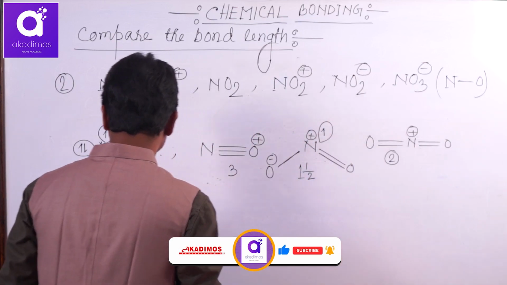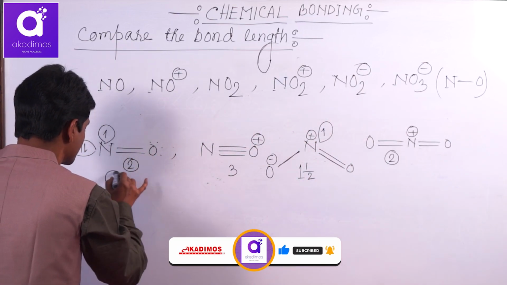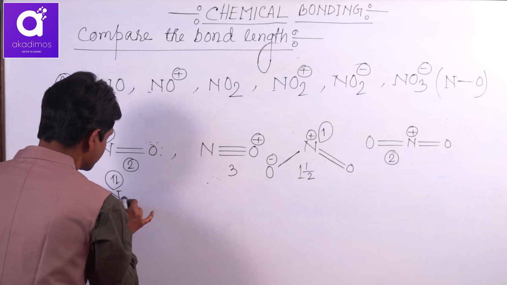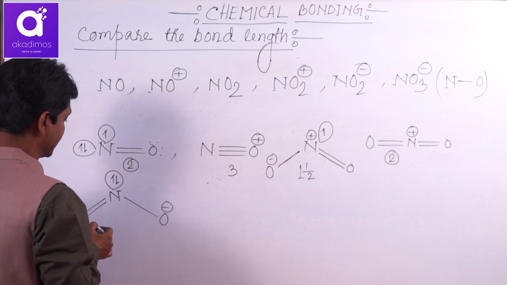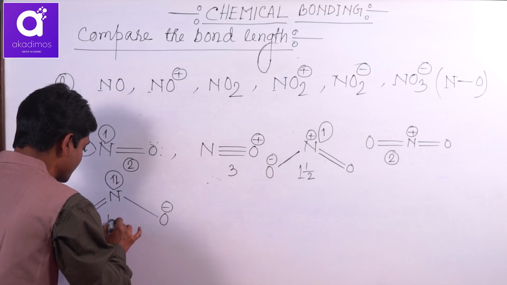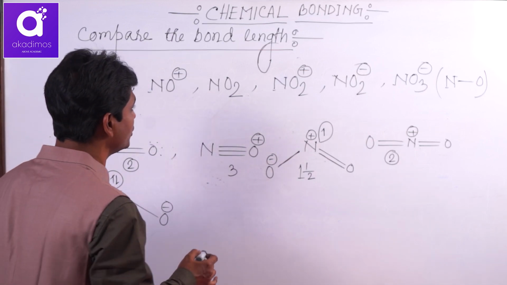Now the NO2 minus structure is this one, the plus on nitrogen removed by accepting an electron. Here also 1.5, by taking another canonical form to average the pi bond.